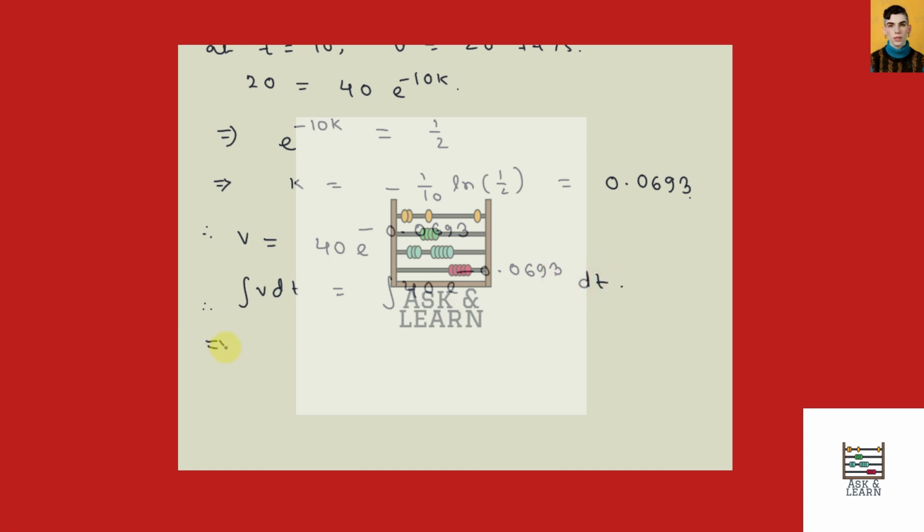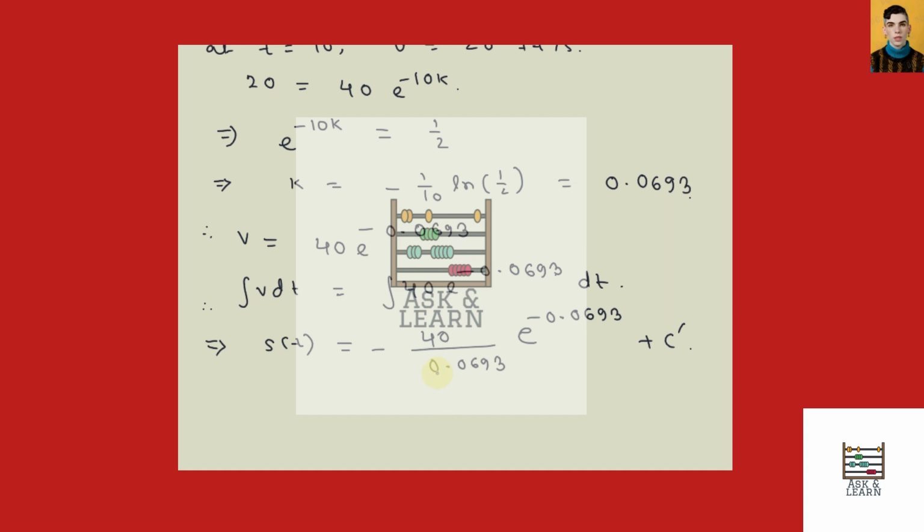So this implies s of t is equal to minus 40 by 0.0693 into e to the power minus 0.0693 t plus c, where c is the constant of integration.